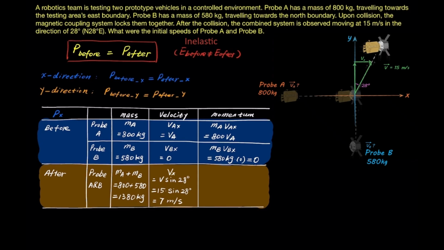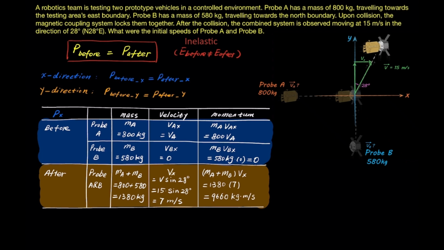So the final momentum in the x direction is the total mass, ma plus mb, multiplied by its final x velocity, Vx. This gives us 1380 kilograms multiplied by 7 meters per second, which equals 9660 kilograms meter per second.